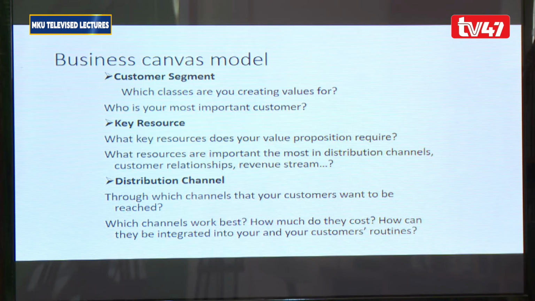This is dictated by the number of products and the target market, depending on the segmentation, and I want to give an example here. If you are selling kales or sukuma wiki to somebody who is staying in a high-end estate, maybe Runda or Muthaiga in Kenya, you cannot put the sukuma wiki on the floor and start selling them at their gate.